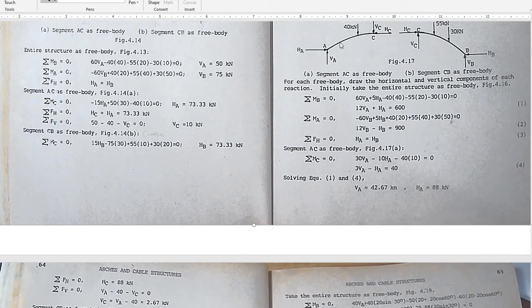From here, you can easily solve V sub A. Okay? So, V sub A minus 40 minus VC is equal to 0. And then, VC is equal to V sub A minus 40 is equal to 2.67. Saan nanggaling si V sub A? Ito siya. Okay?